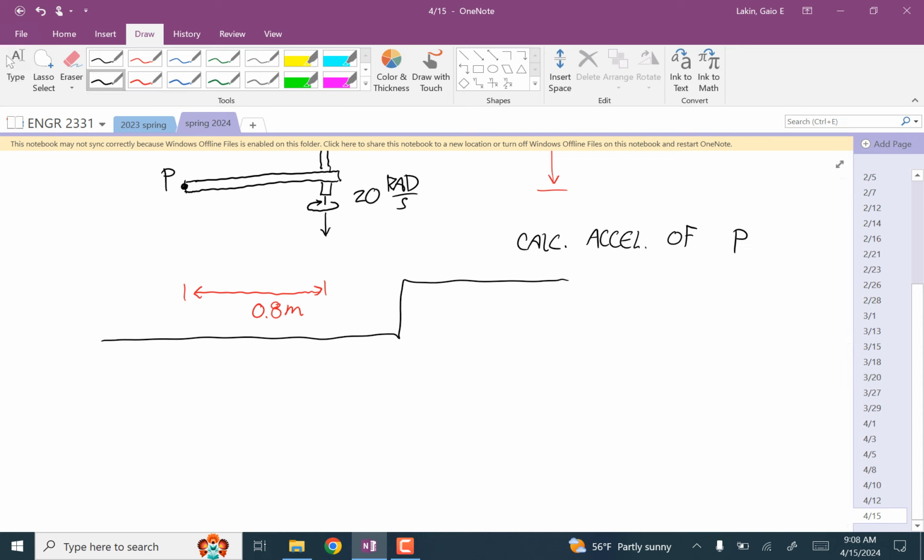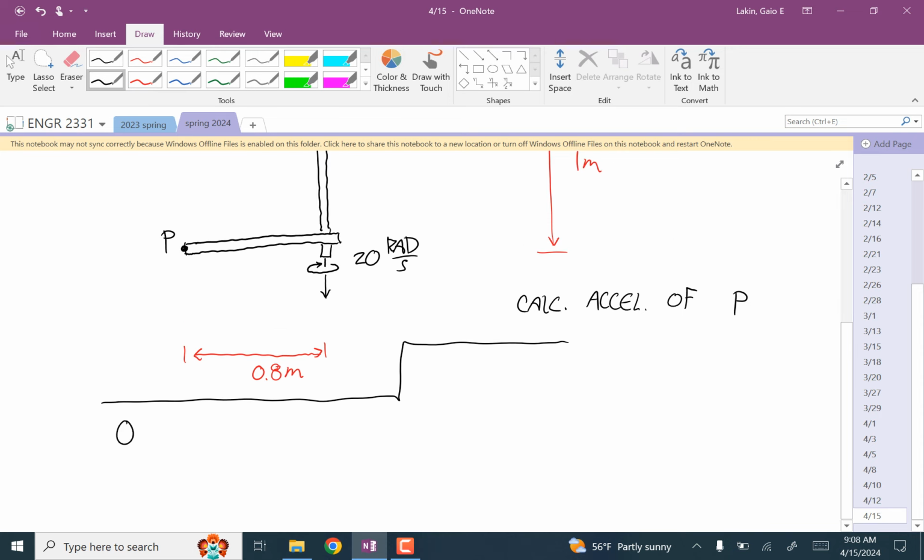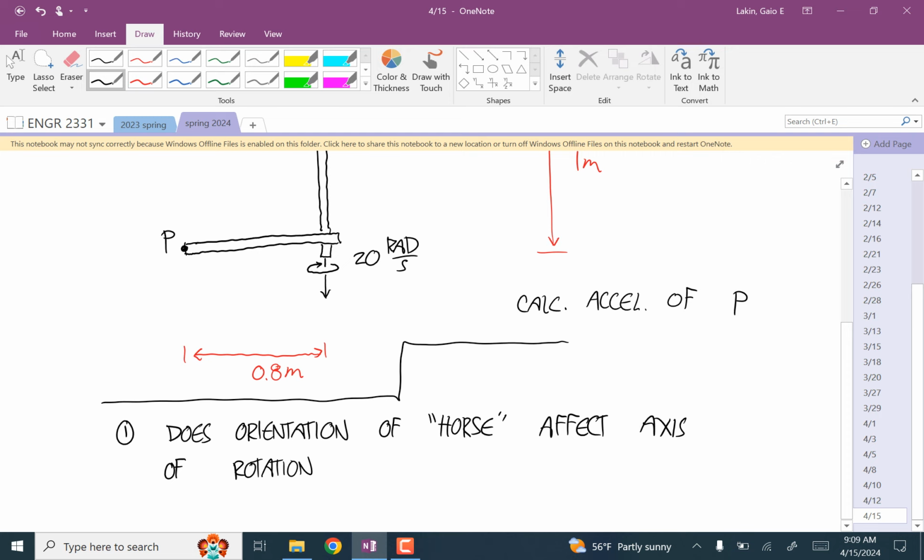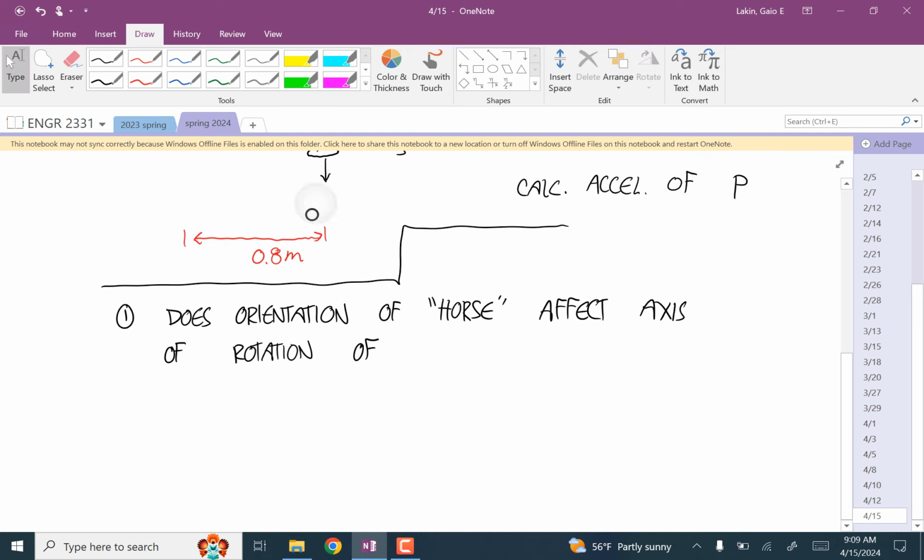So the first question is, does the orientation of the horse affect the axis of rotation of the cowboy?